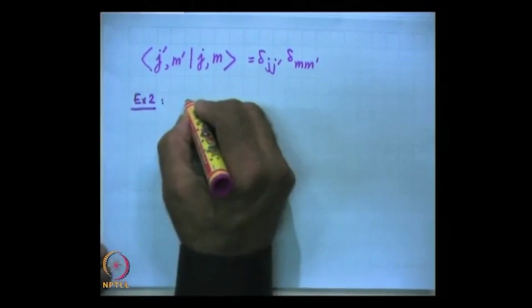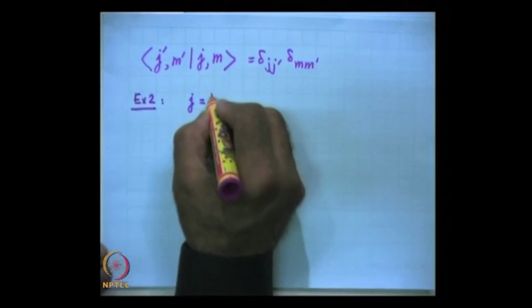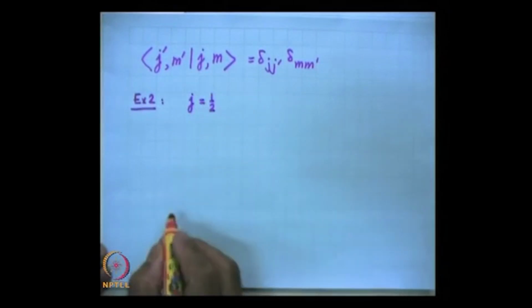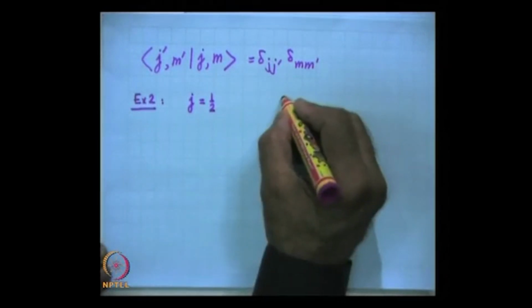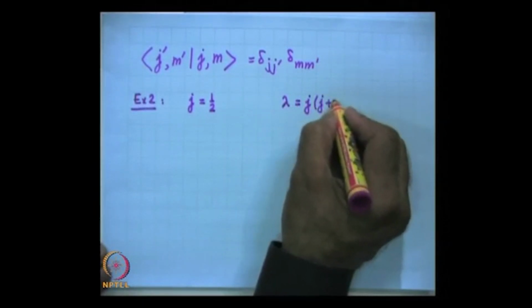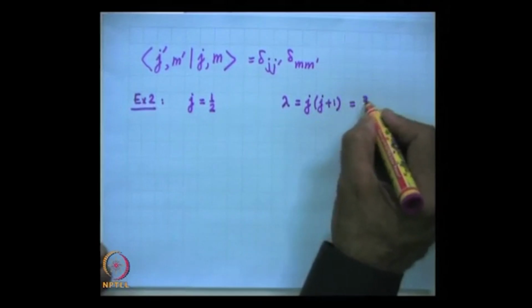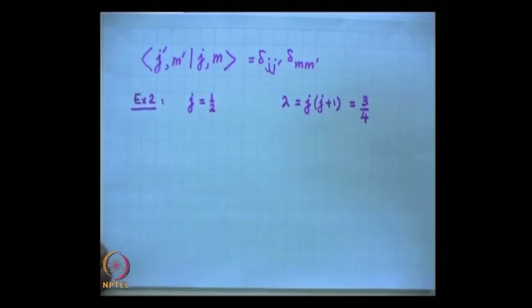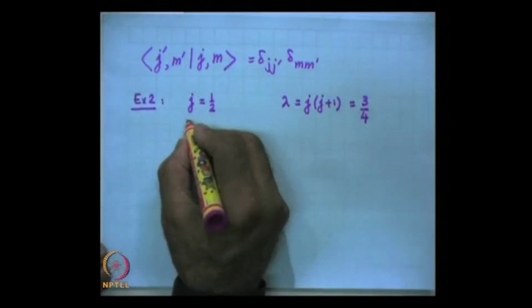Now, let me take the second example, corresponding to the angular momentum equal to half. So, j is equal to half. The eigenvalue lambda is equal to j into j plus 1, this is the eigenvalue of the operator J squared, and there are 2 eigenkets.